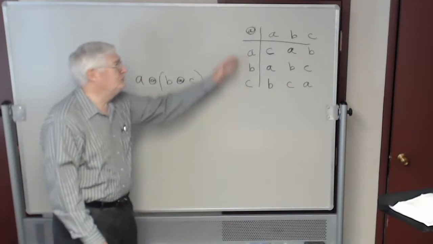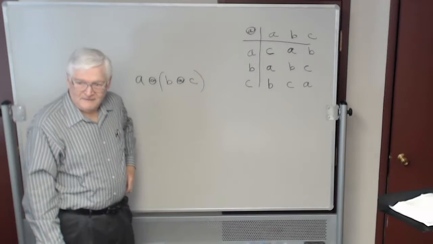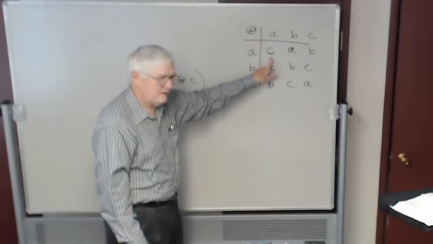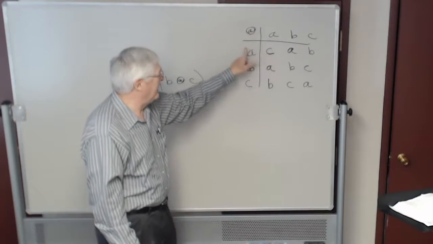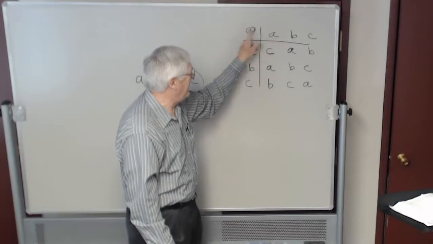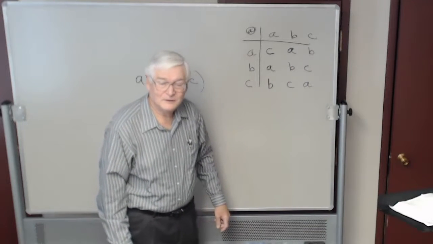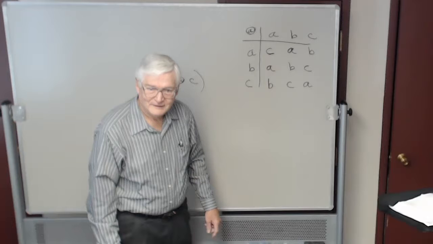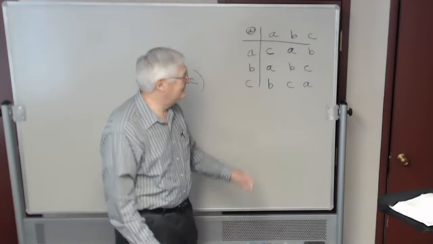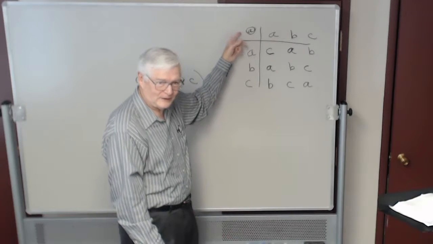Well, I just introduced you to another operation called at. And A at A equals what? C. And A at B equals? A. And A at C equals? B. Why? Because that's what they told us. That's what happens when you do the operation circle.